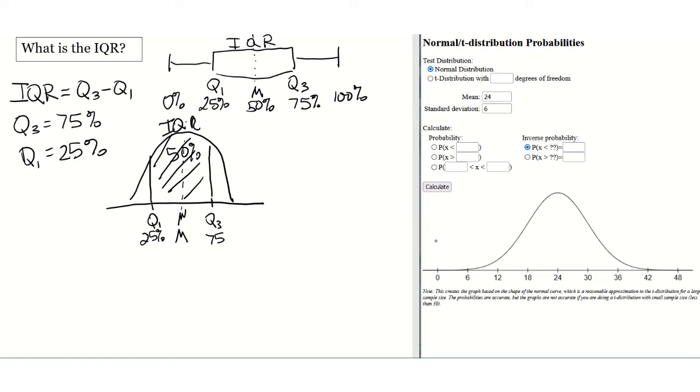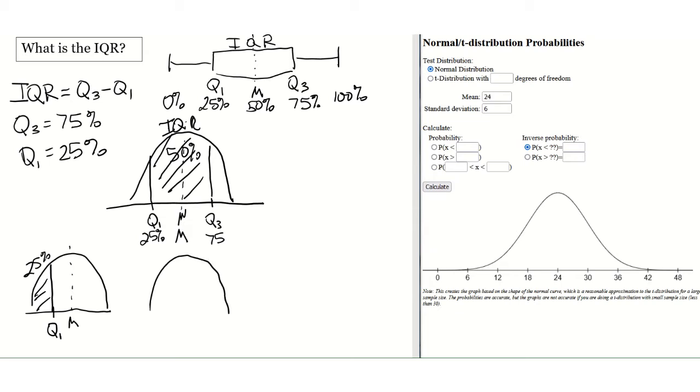So let's take a look at what we're solving for. For this first one, here's the median. We want to solve for this lower end, which is going to be my lower 25%.